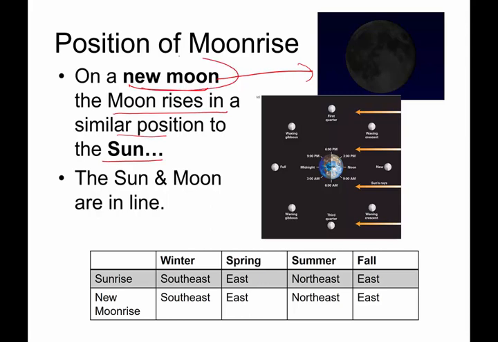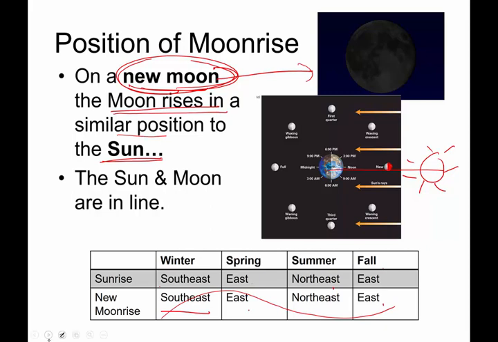Because these two are in a line, the moon and the sun, during a new moon, the moon's rising position will be close to the sun. So in the winter, the sun is going to rise in the southeast from our vantage point, and so will the new moon. Spring in the east, summer northeast, fall in the east, as we go through those equinoxes.